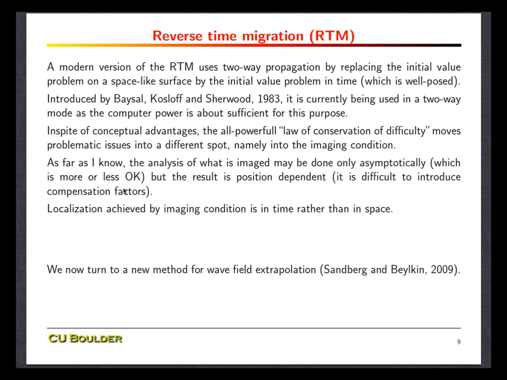And basically, it shifts the problem. So you replace the problem that you want to solve by another problem, which is producing something useful. But the so-called law of conservation of difficulty moves the difficulty now into this imaging condition.